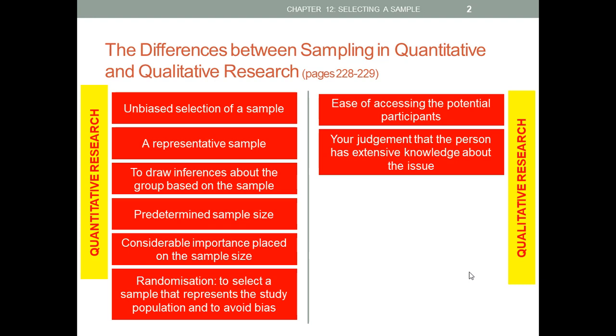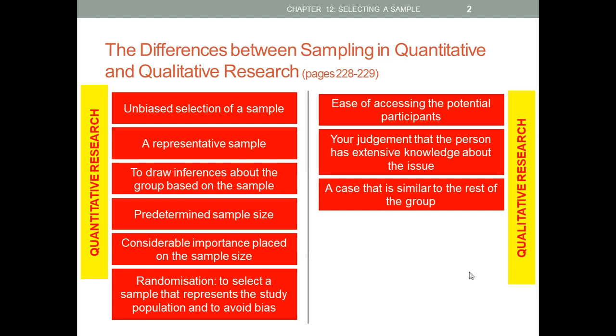The researcher takes time, possibly talks to other networks, to other colleagues, in order to make up his or her mind about who possesses rich, extensive knowledge related to a particular issue under investigation. Again, this kind of consideration is not acceptable in quantitative research sampling. It's not representative.